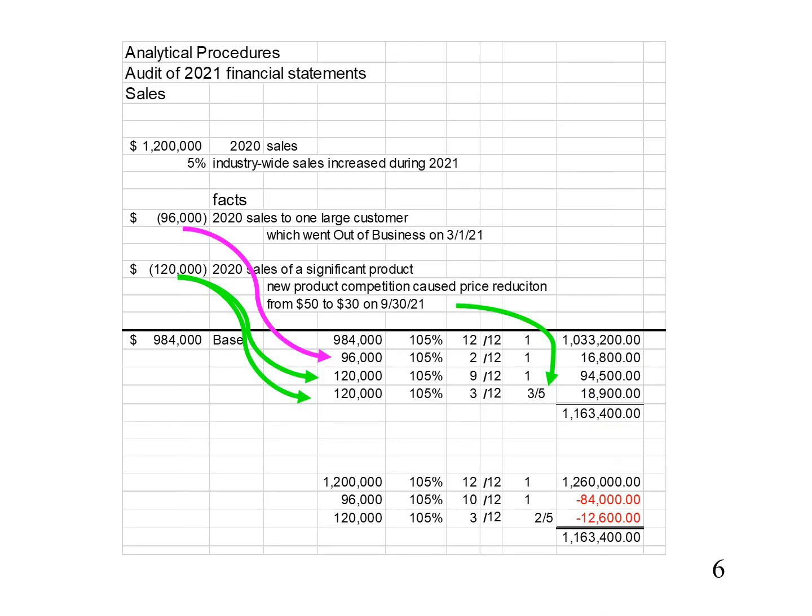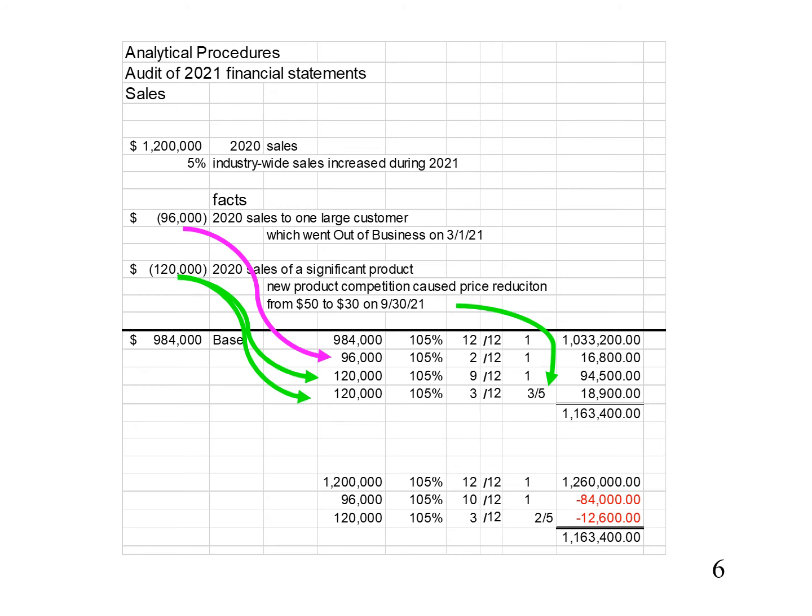This is a slide that demonstrates substantive analytical procedures. We're auditing 2021. In 2020, the company had $1.2 million in sales. They had $96,000 in sales to one large customer, and they had $120,000 in sales for a significant product.